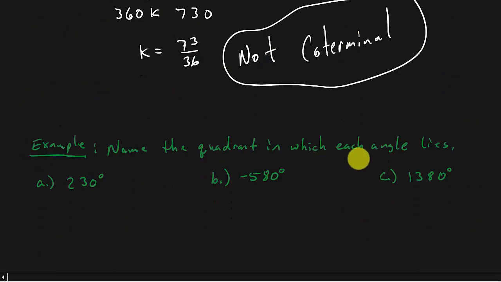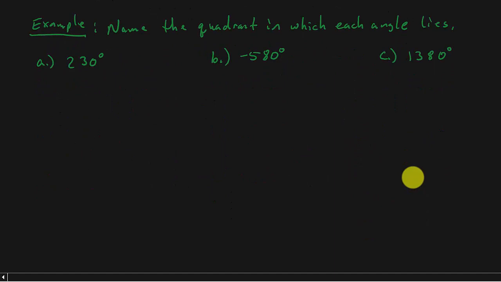All right, so here, name the quadrant in which each angle lies. Okay, so this right here is a pretty big deal. This is important in trig to know which quadrant you're in. So first, before we do that, let's look at this. So the quadrants.